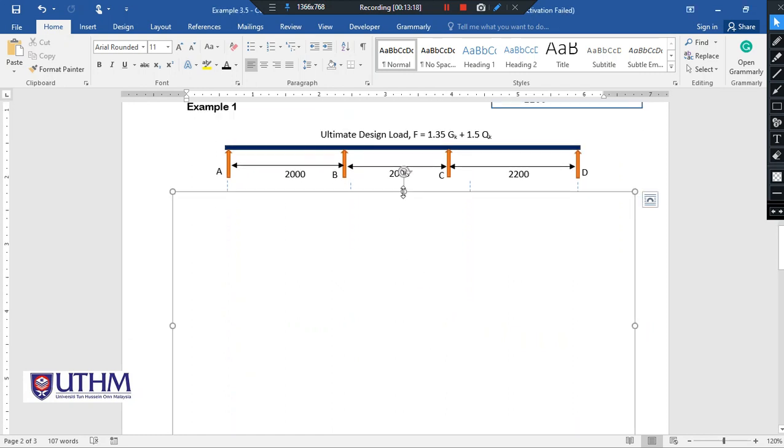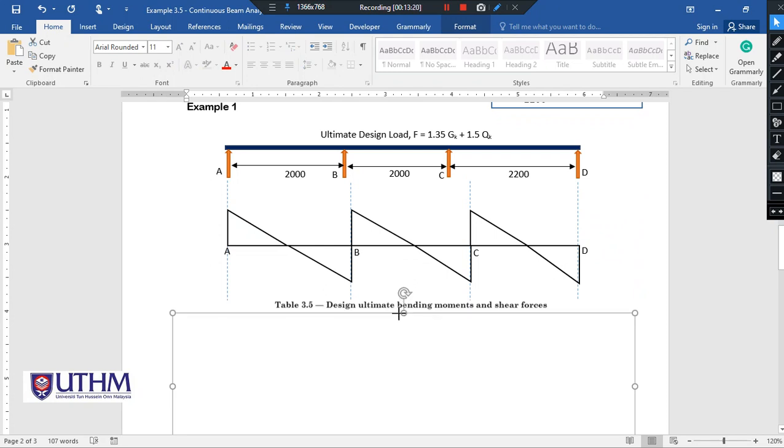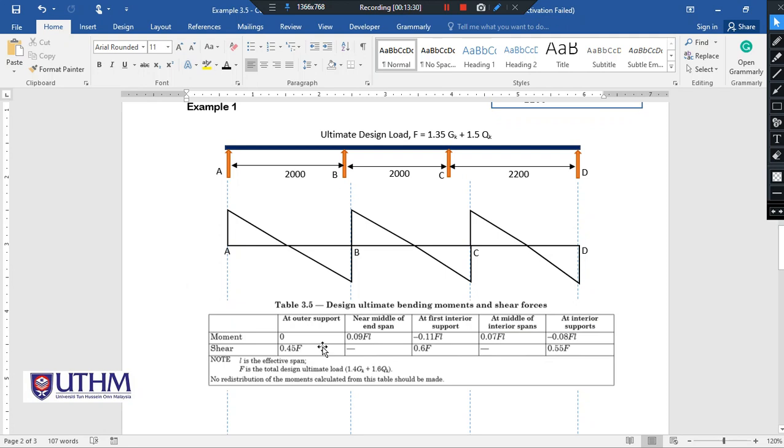And this is the shear force diagram, the blank shear force diagram without values. And this is the reference table 3.5. We will focus on the shear values first.